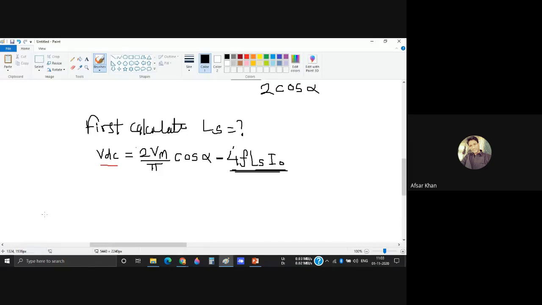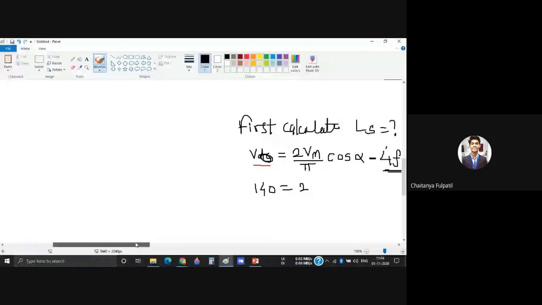Put all these values. What is V naught or VDC? It is given, students. How much? 140. So 140 is equal to 2 into VM, what is VM's value? VM is 330.